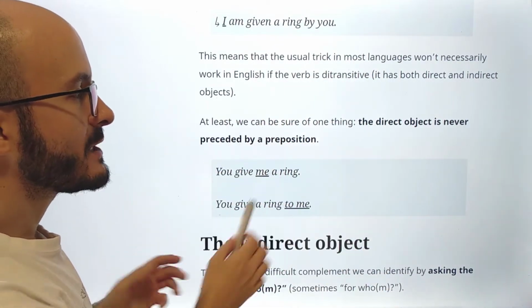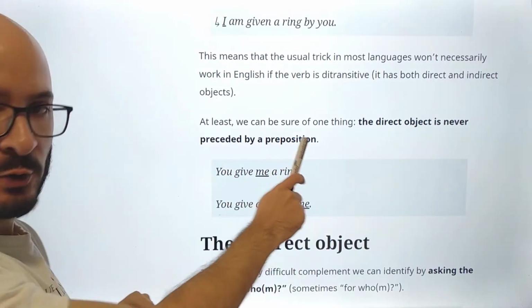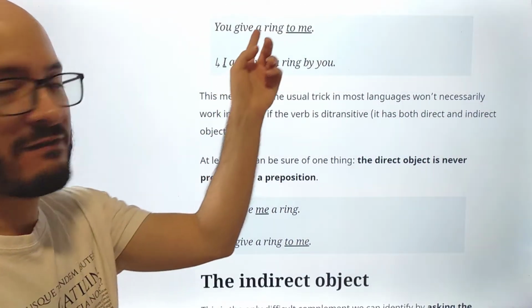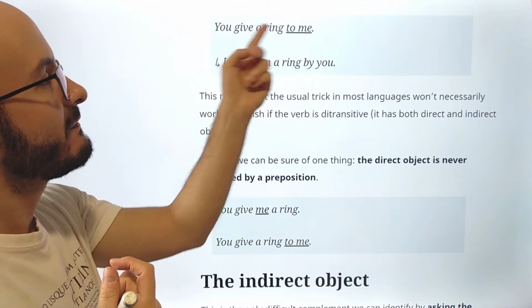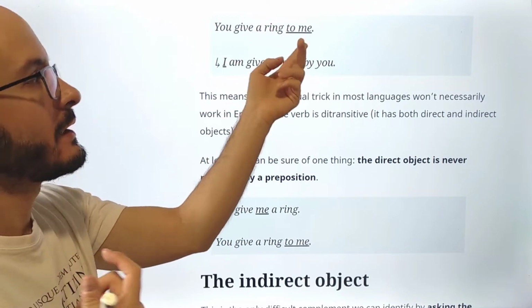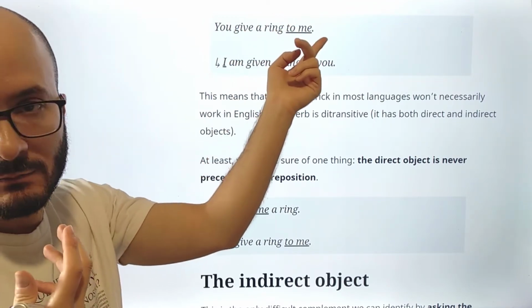At least we can be sure of one thing. The direct object is never preceded by a preposition. Because notice that here you might probably have thought something like, I could also say this sentence, you give me a ring. But of course I did this on purpose. No? In English you can say both, you give me a ring or you give a ring to me.